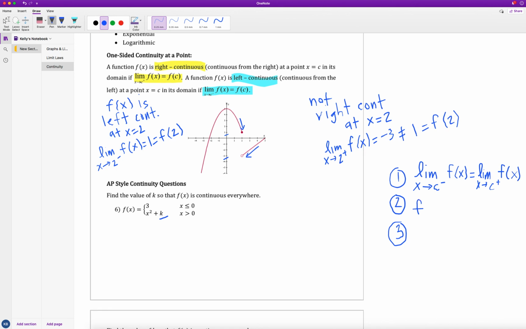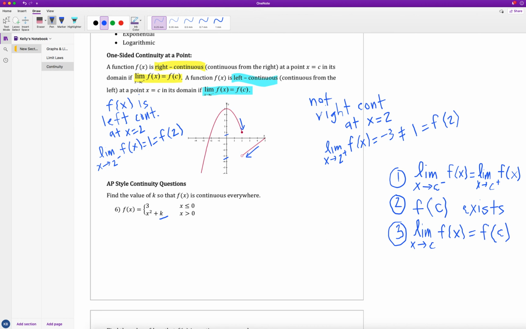The second thing is that f of c exists and is defined. And then the last part of continuity says that the limit as x approaches c of f of x has to equal that function value f of c.